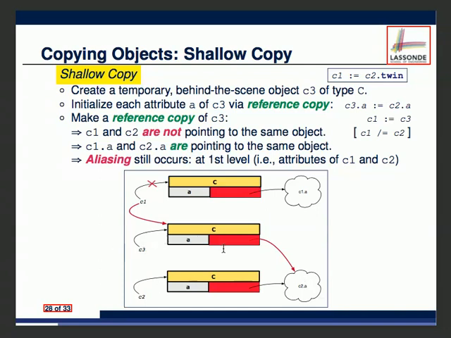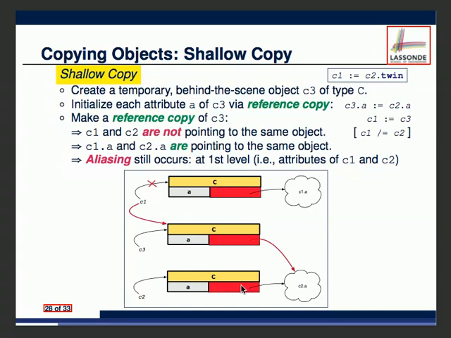And after that, we're going to let C1 point to this new object here, right? So now, are C1 and C2 pointing to the same objects? They are not, right? C1 is pointing to this object here, and C2 is pointing to this object here, so they're different. So this is already different from reference copy.